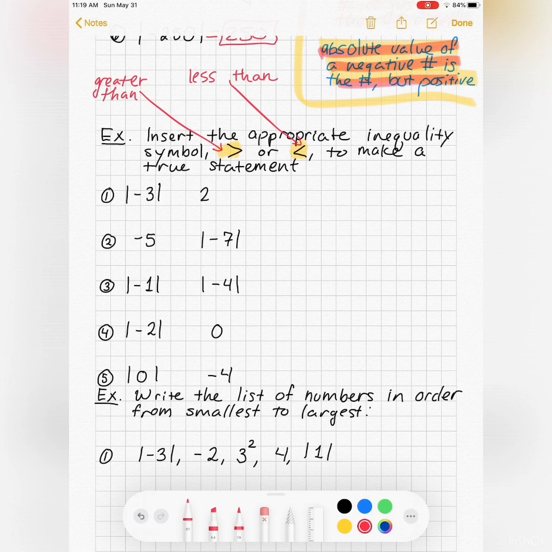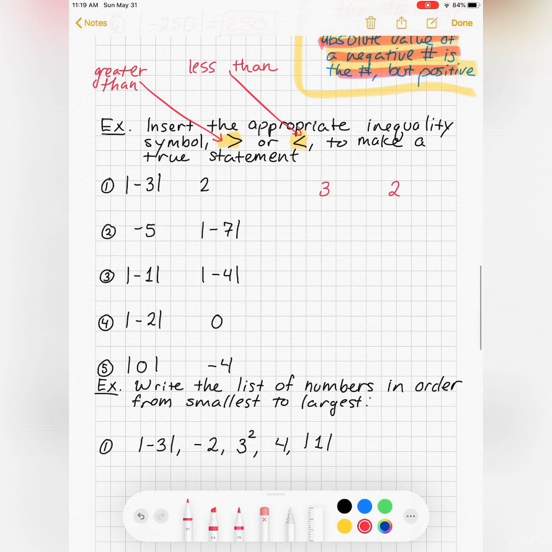So the absolute value of -3 is just 3. So I'm comparing 3 and 2. Oh, well, 3 is greater than 2, okay? So I would use the greater than symbol. So here's my answer. I could fill it in over here, if I wanted to.